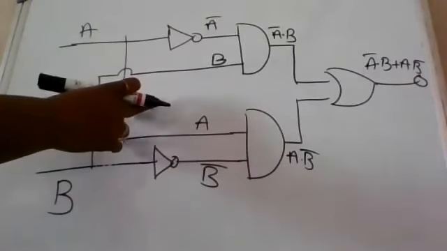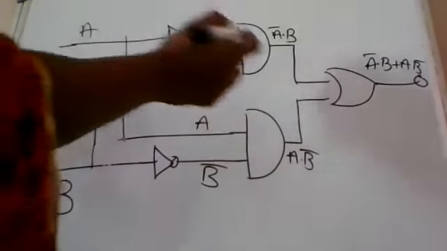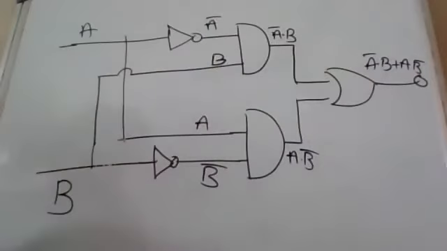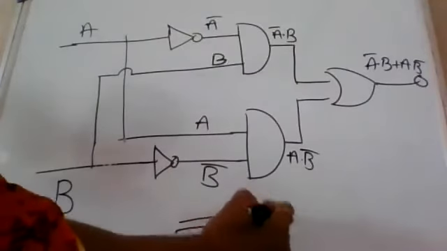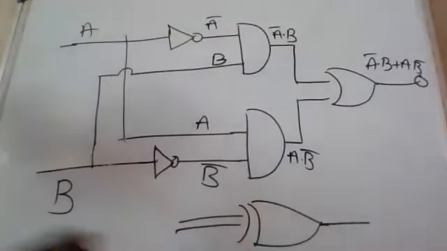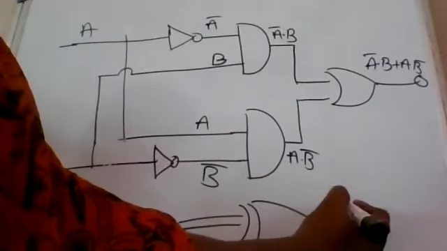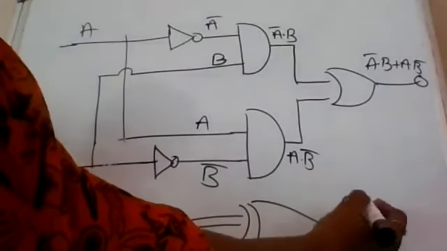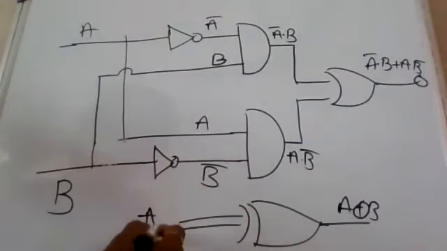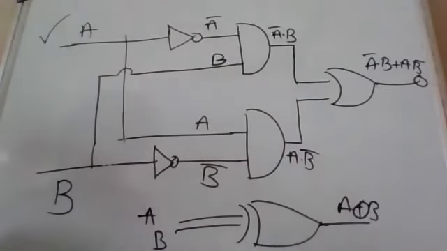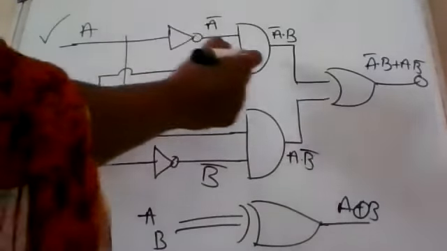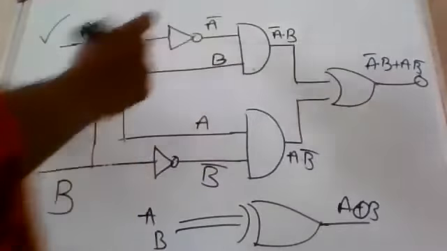This is also exclusive OR gate with AND, OR, NOT gates. This is only symbolic representation of XOR gate. Here also output is A exclusive operation B when A, B inputs.